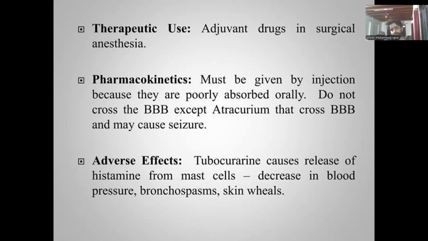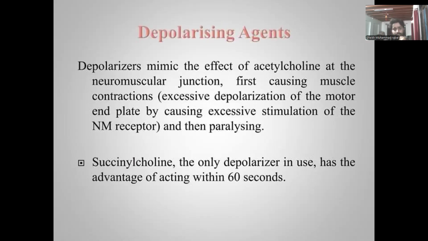They do not cross the blood-brain barrier except atracurium, which crosses the blood-brain barrier, so it can cause seizures also. The adverse effect is that it can trigger histamine release, so there is a chance of anaphylaxis. It can cause hypotension, and it can also cause bronchospasm and allergic skin wheals.